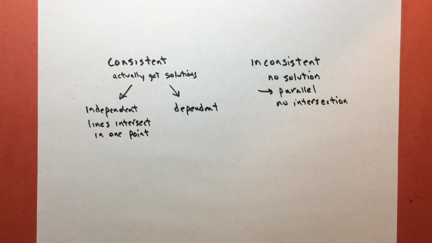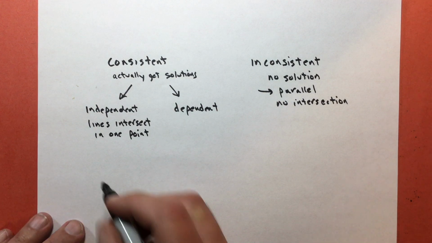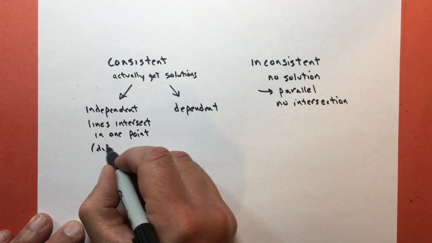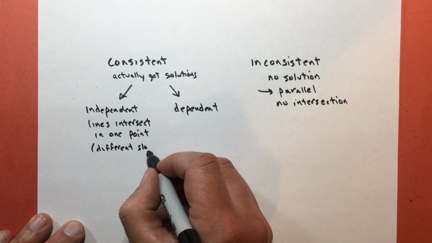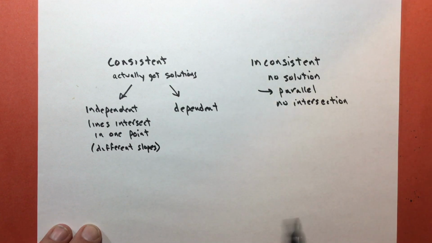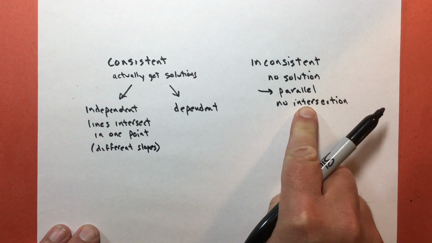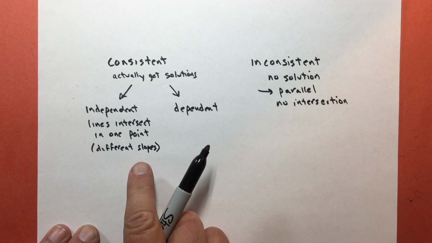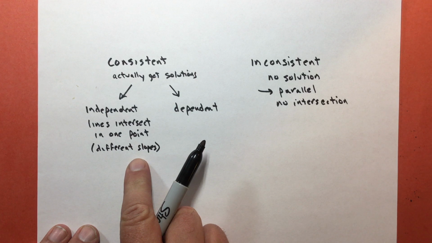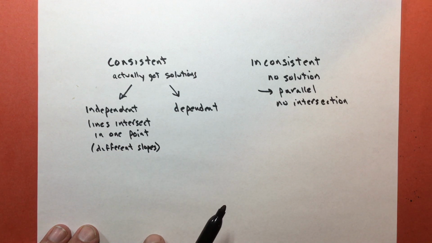That usually means that they have different slopes. Actually, sorry, it absolutely means they have different slopes, because if they had the same slope, they'd be parallel, or this. I'm going to get to that in a second. So if you can look at them and see that they have different slopes, you know they're going to intersect. They're not going to be parallel. They're not going to be dependent. All right?